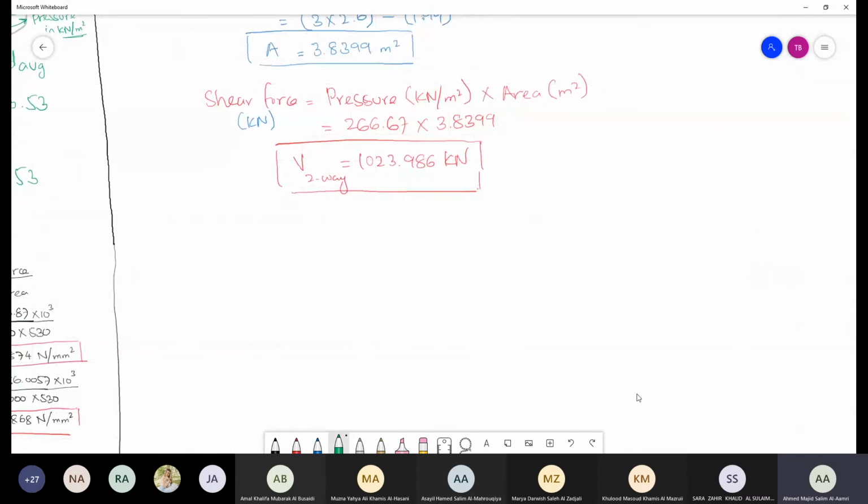Can we go and calculate our V small, or shear stress, which is V divided by A, or shear force divided by cut area.